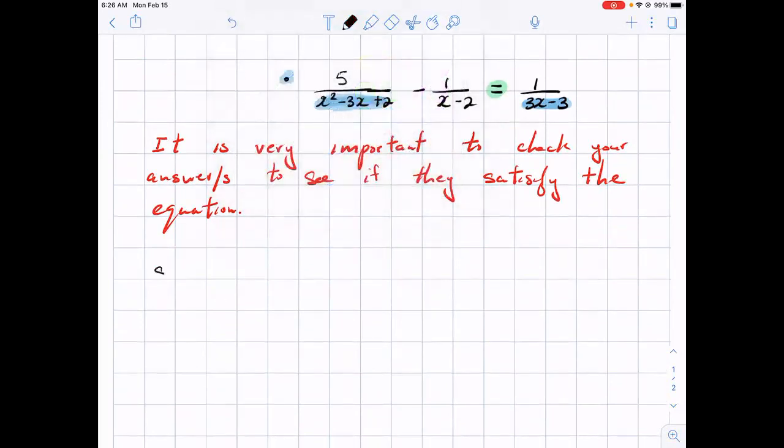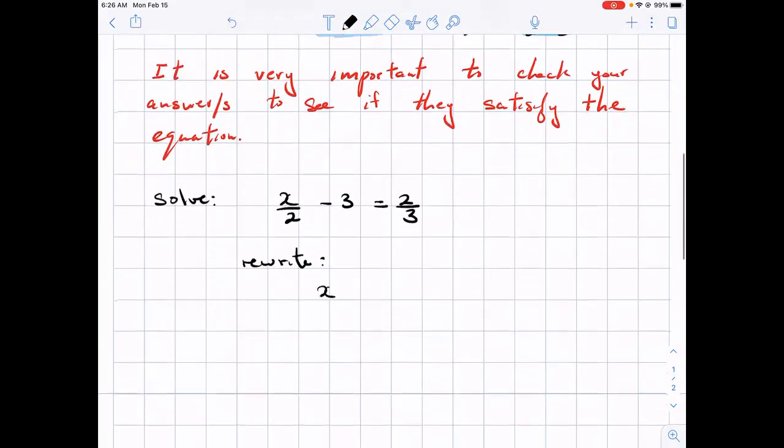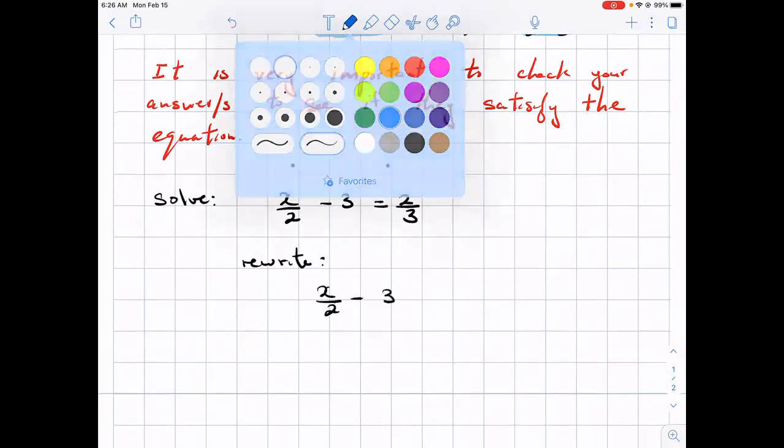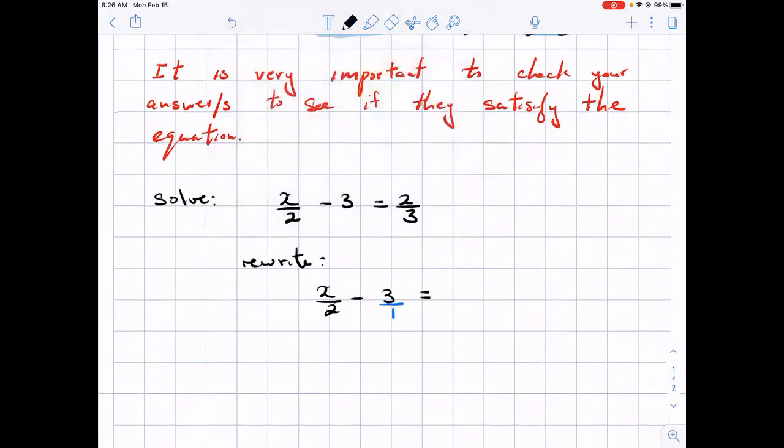So let's go back now to our solve. So we want to solve x over 2 minus 3 is equal to 2/3. I'm going to rewrite this, making every term a fraction as x over 2 minus 3 over 1, and that is equal to 2/3.